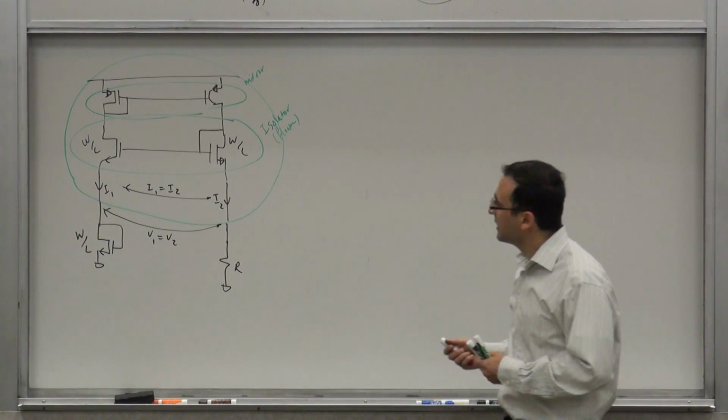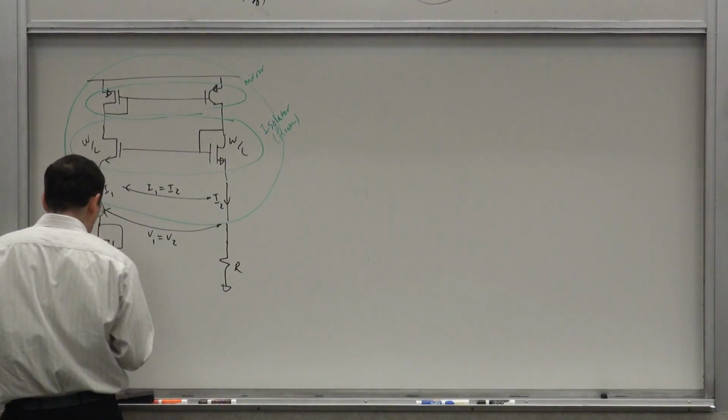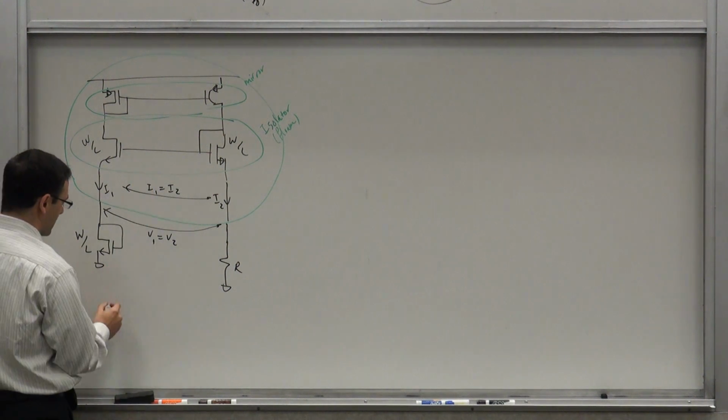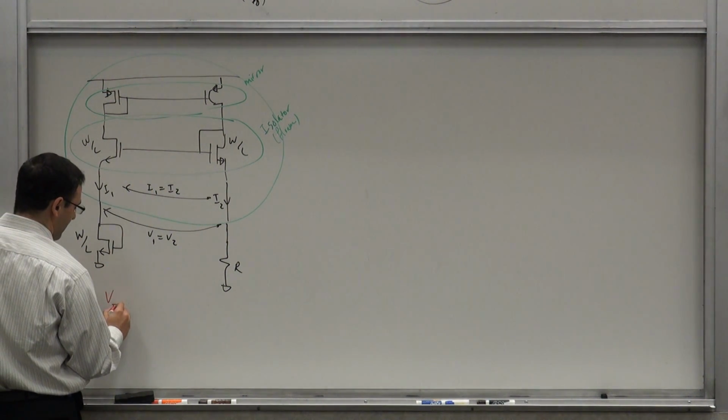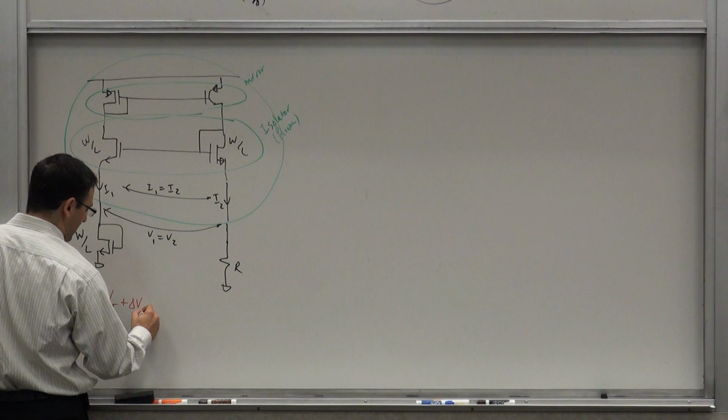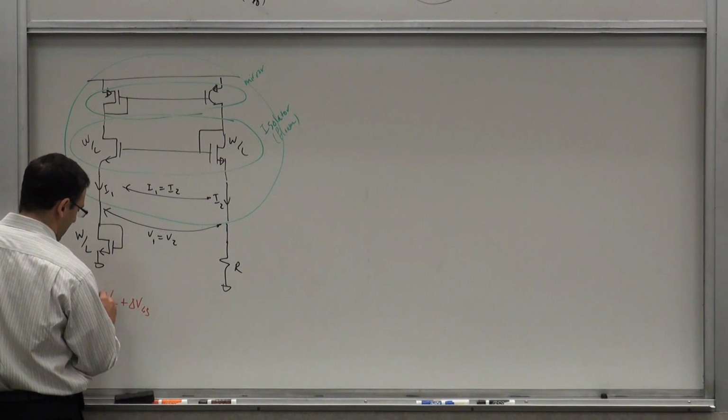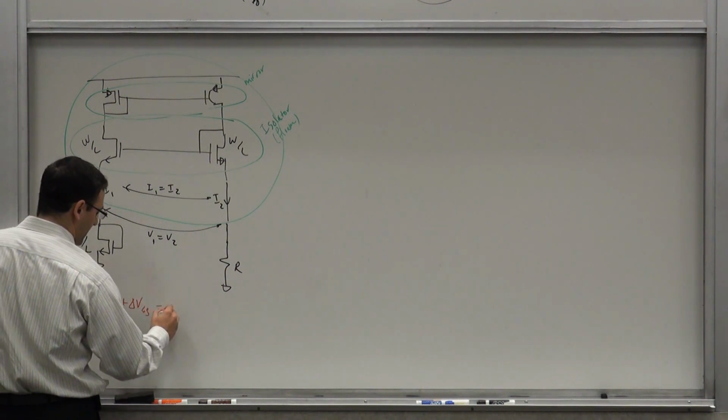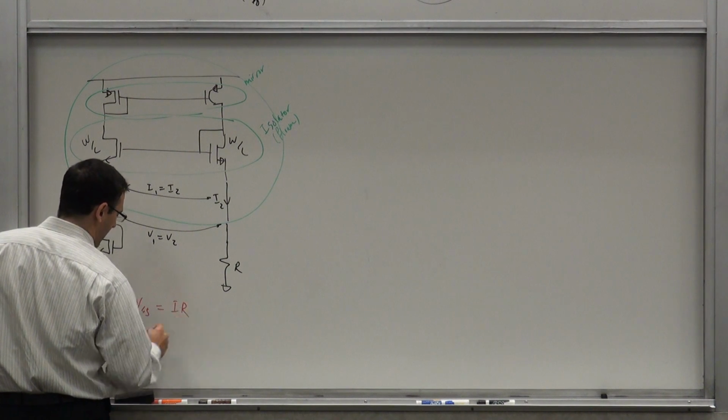Now, let's say I have something like this, and let's write the equation. The equations now are pretty much the same equations that I had before. So I have Vt plus delta VGS, which is the VGS of this guy, is forced to be equal to IR.